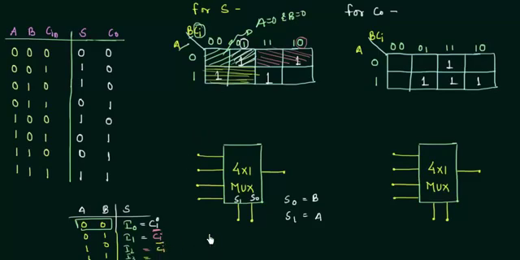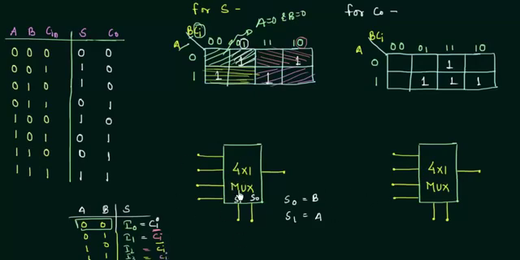I hope it's very simple for you to understand. We will do the same thing for the last case when A and B both are 1, the case for the last two cells. I will shade this down, and in this the 1 is here, and for this cell the value of Ci is 1, so it is Ci.